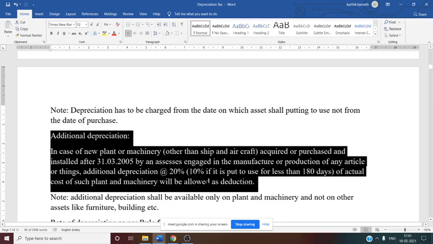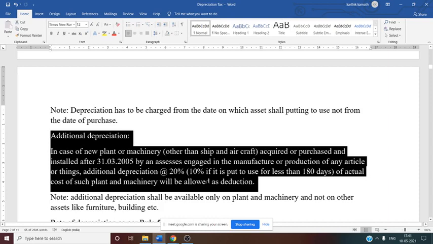Then next, again we have to see whether there is any purchase of plant and machinery during the relevant previous year. If there is, then on that purchase you have to calculate normal depreciation, and then you have to calculate additional depreciation. This additional depreciation is at a fixed rate of 20%.